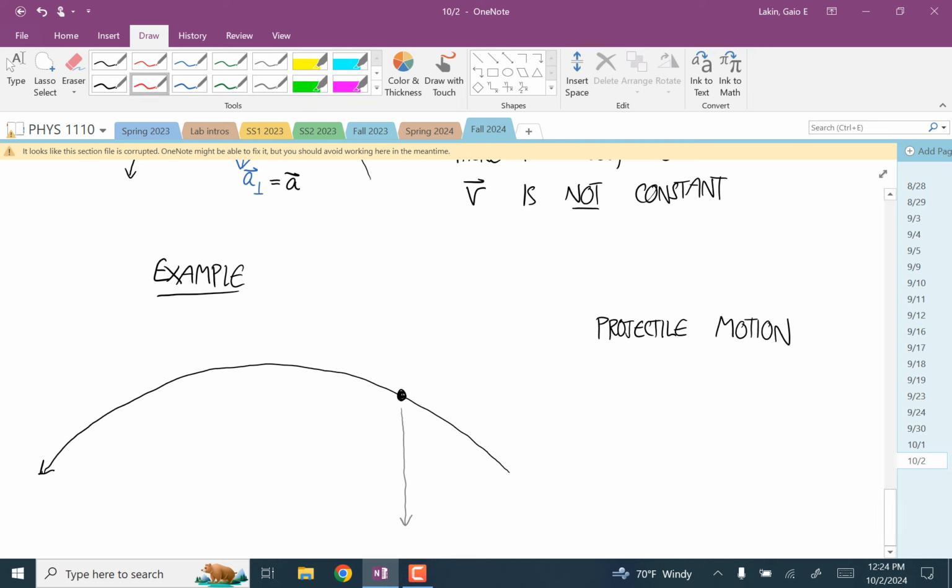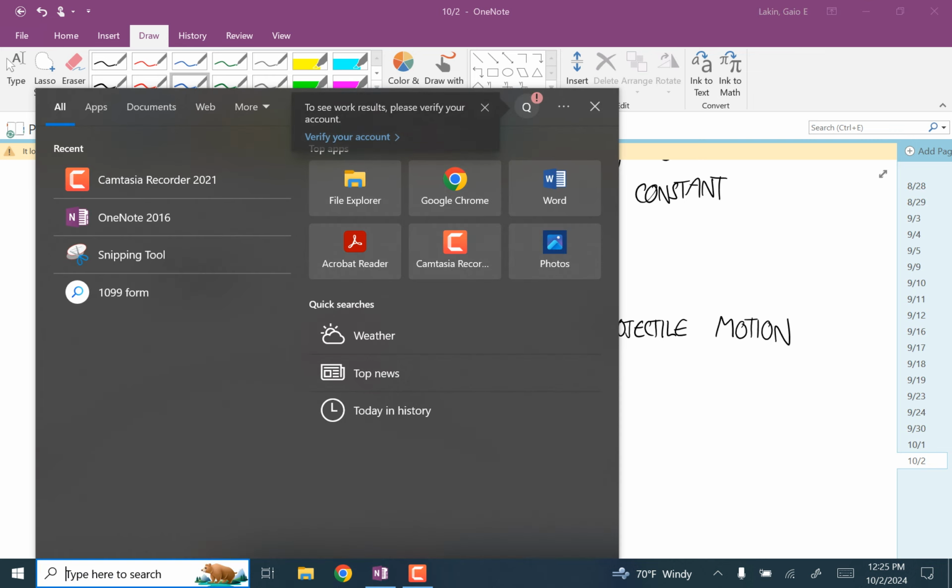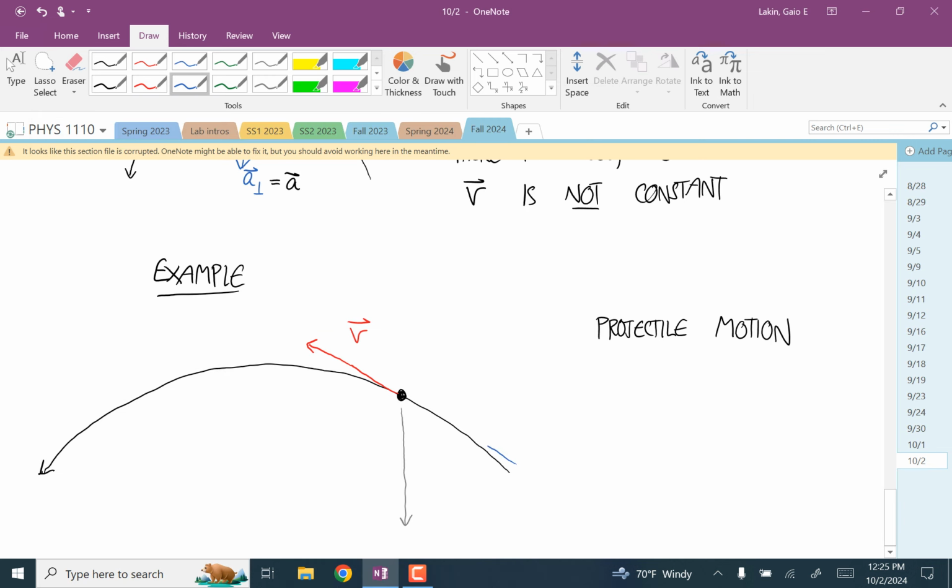Okay, so the velocity is tangent to the path in the direction of motion. So there's the velocity. Is it speeding up or slowing down while it's on the way up? Slowing down. And so A parallel is like this.